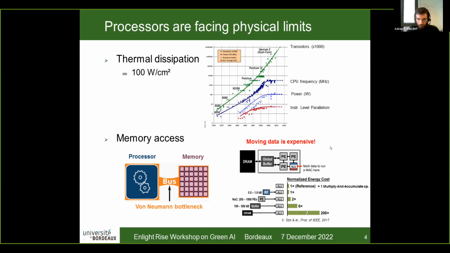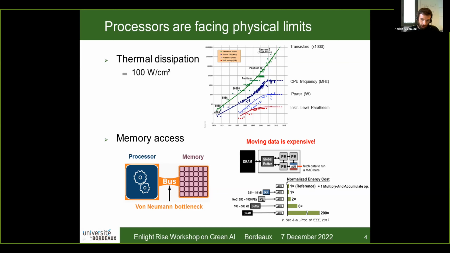That's what's represented here in this sketch coming from a very nice paper in the field. Basically, the idea is that they compared, for example, the energy budget that you need to retrieve data from the dynamic RAM of a computer in order to fetch it to the arithmetic and logic unit that will perform what's called the MAC operation, so multiply and accumulate operation, which is at the core of most of the neural network systems that we have nowadays.